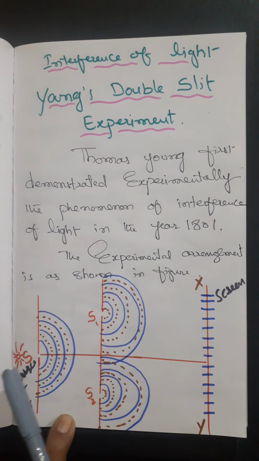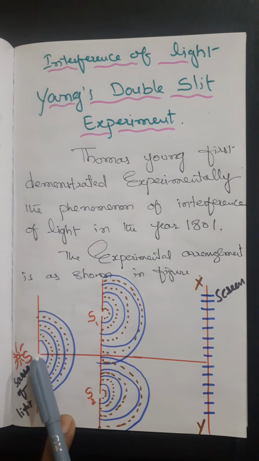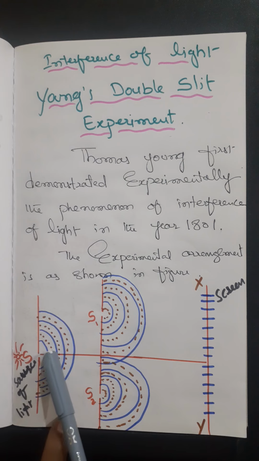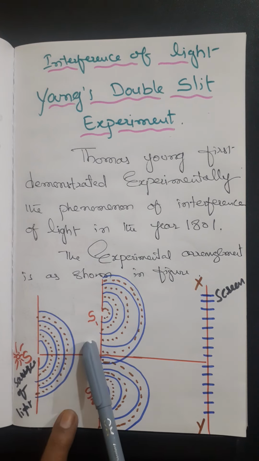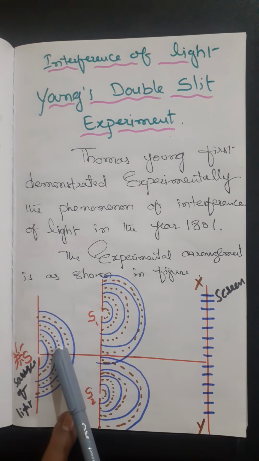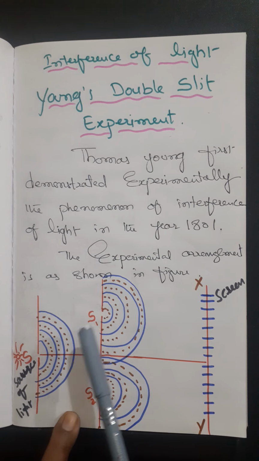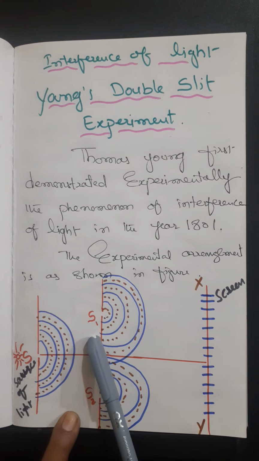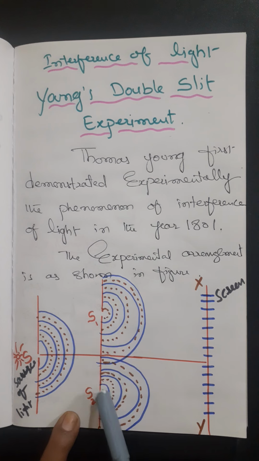trough. Now when the sunlight is incident on S, the spherical light rays spread in all directions, and the light rays are traveling in the form of crest and trough. These spherical light rays move in the forward direction, and are incident on S1 and S2.